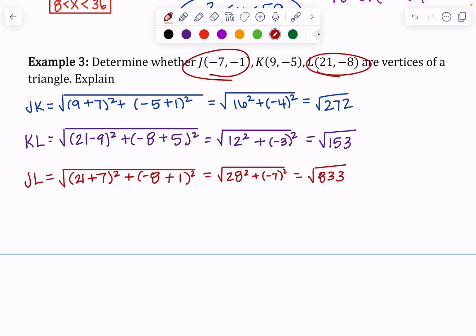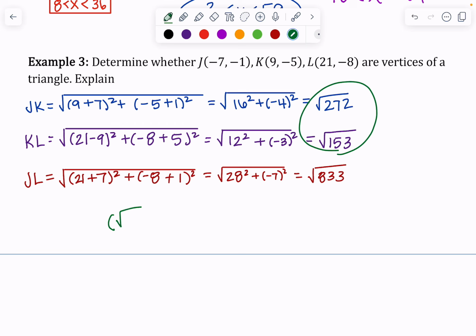Okay, we need to decide, does this make a triangle? Okay, well, which two are the smallest? These two right here. How does the square root of 272 plus the square root of 153 compare to the square root of 833? Okay, we can't add these two under the square root like that. That's not a thing, okay? So you're probably going to need to put this in your calculator and compare it to what you get when you put that in your calculator.